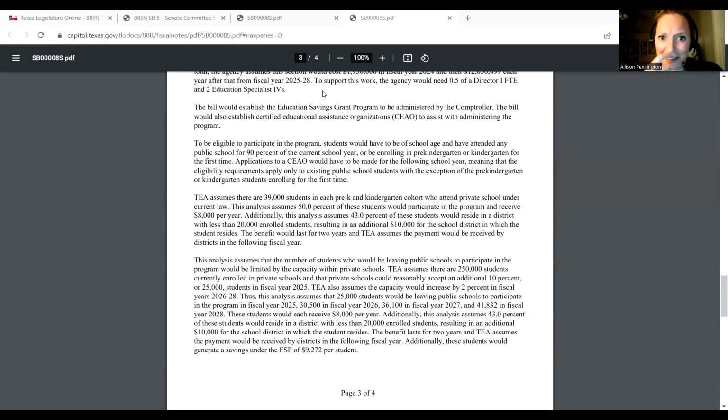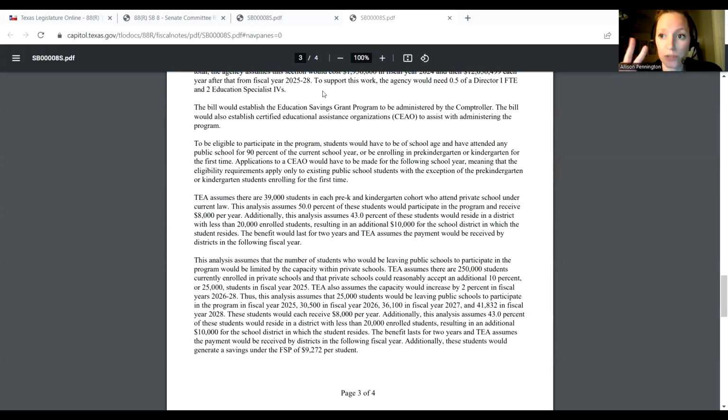So there's that. And then this analysis assumes 43% of these students would reside in a district with less than 20,000 enrolled students, resulting in an additional $10,000 for the school district in which the student resides. I don't think I talked about this in the last video, but Senate Bill 8 does have this kind of hold harmless provision for smaller school districts that might lose students under this bill for the first 2 years.